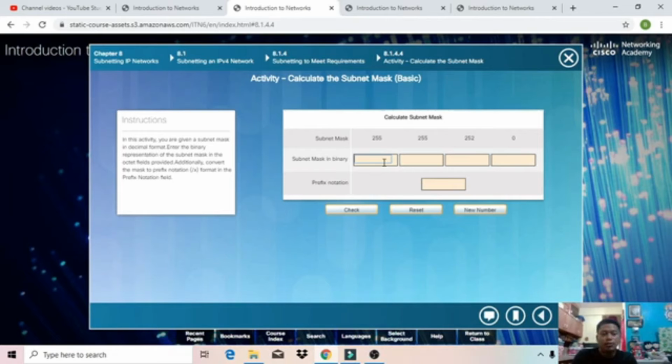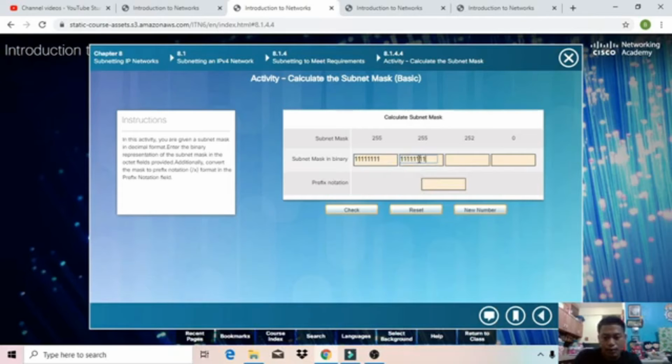Let's start: the bits are 1 1 1 1 1 1 1 1, because 1, 2, 4, 8, 16, 32, 64, 128. So it's 255.